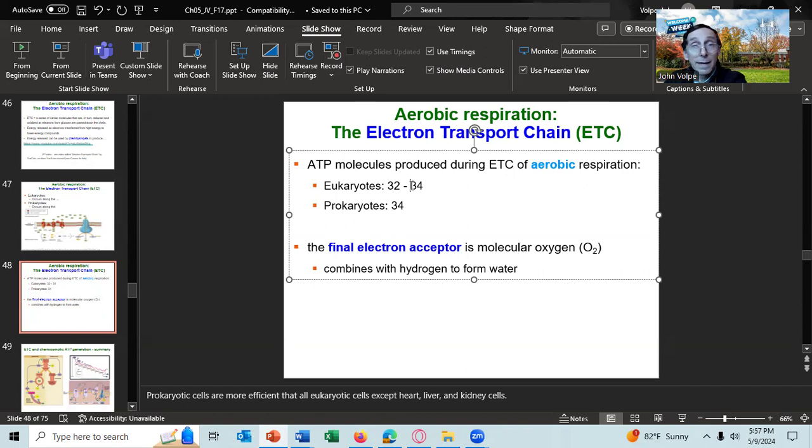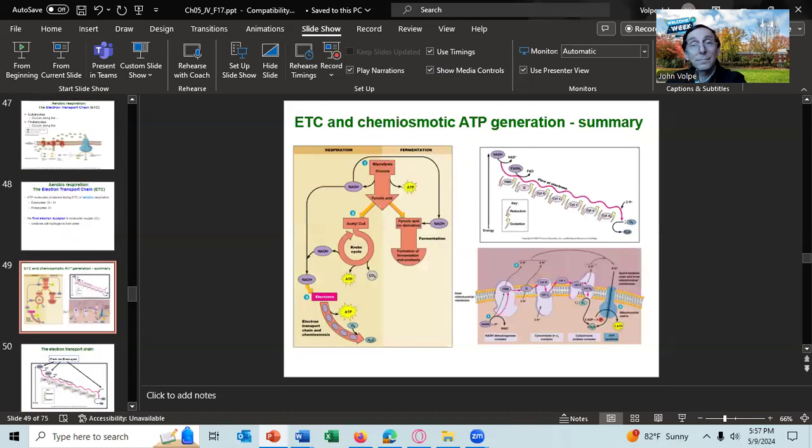All right. In aerobic respiration, the final electron acceptor is the molecule of oxygen, which combines with hydrogen to form water. And here we're looking at the electron transport chain in aerobic respiration on the left compared to fermentation.